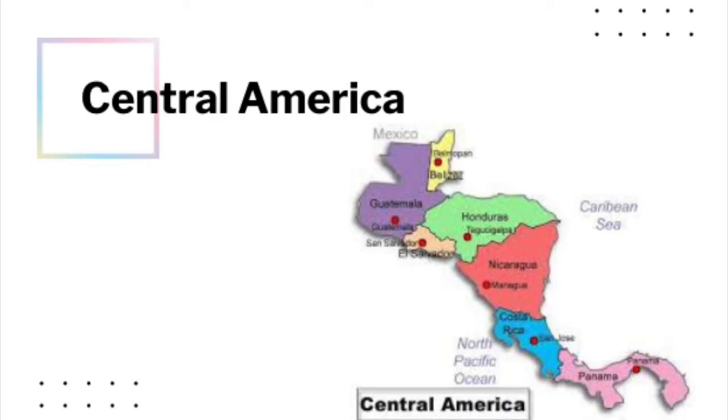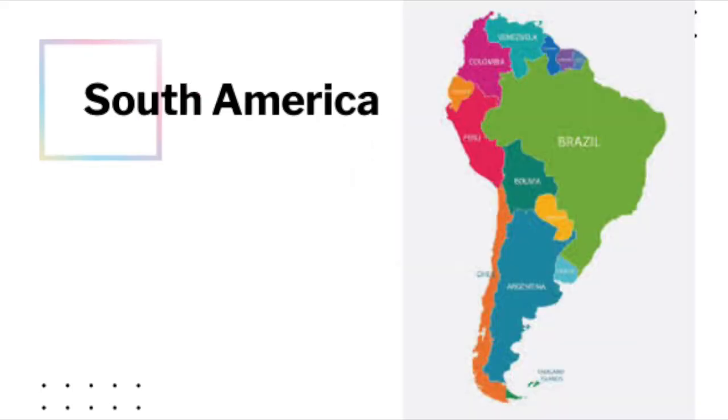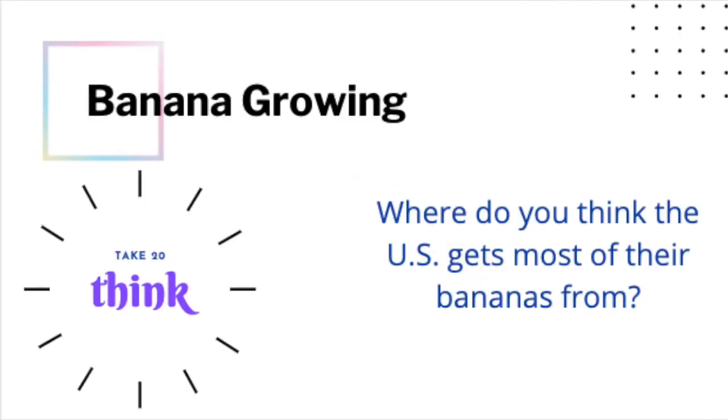Most of our bananas are grown either in Central America or South America. Go back to these maps and take a few seconds to think. Where do you think most of the bananas the US gets come from?